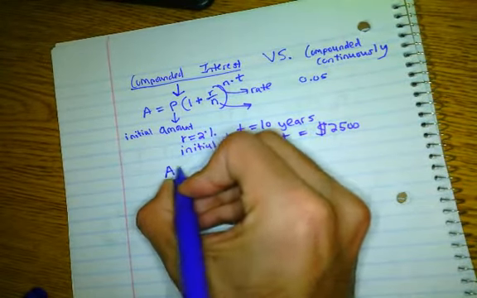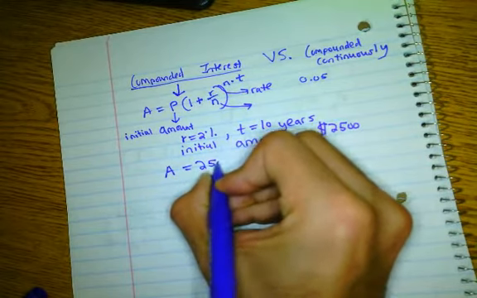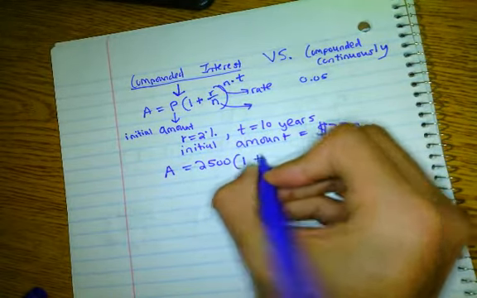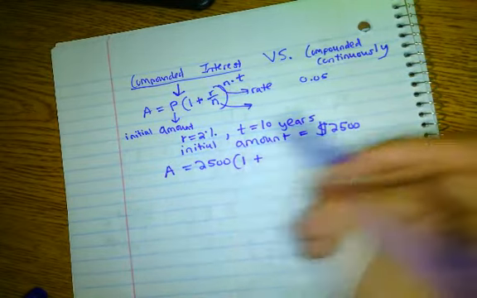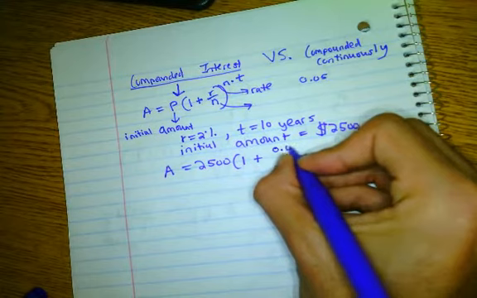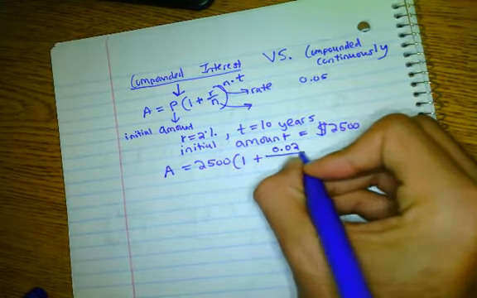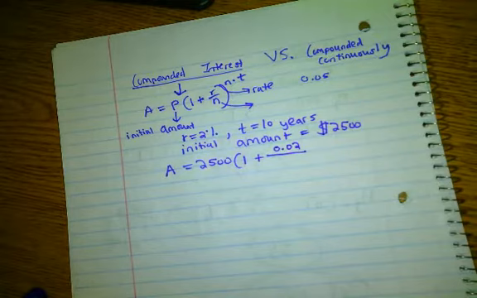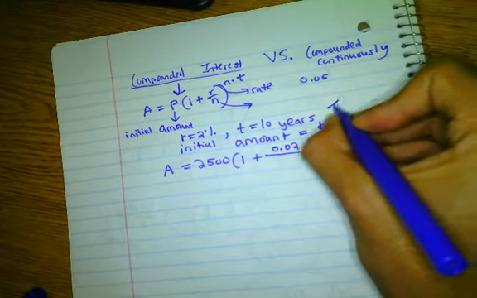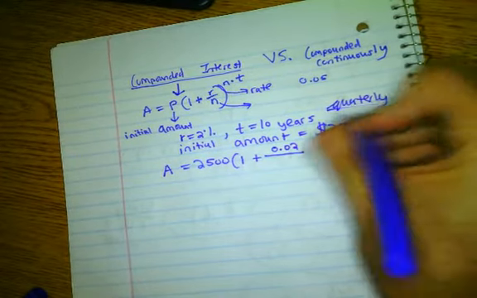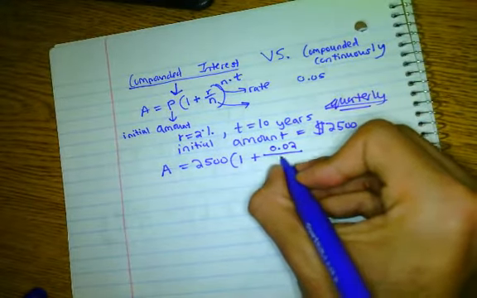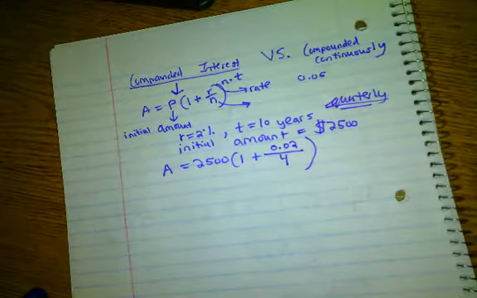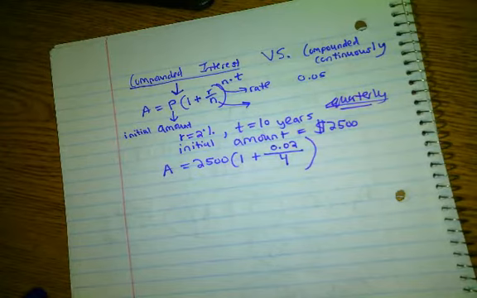You would just do A is equal to 2,500 times 1 plus, and this is 2%, so we're going to place this as 0.02 divided by n. The n depends on what it says in the problem, so let's assume that it's being compounded quarterly. This means that we're going to divide it by 4, because when you're talking about quarterly, that means there are 4 time periods that you're compounding your interest within that one year time frame.